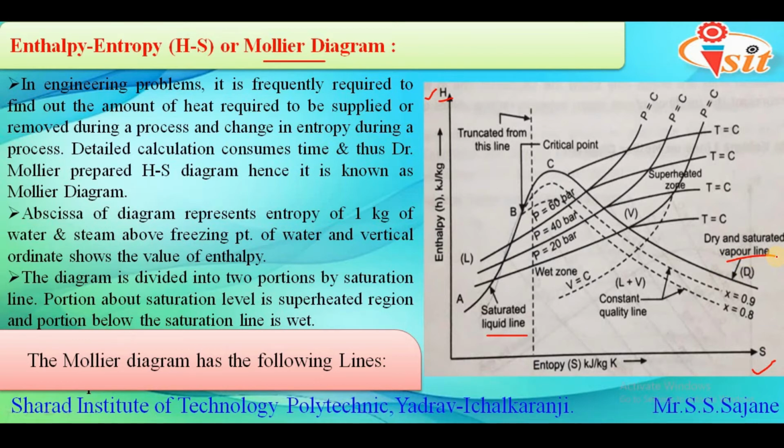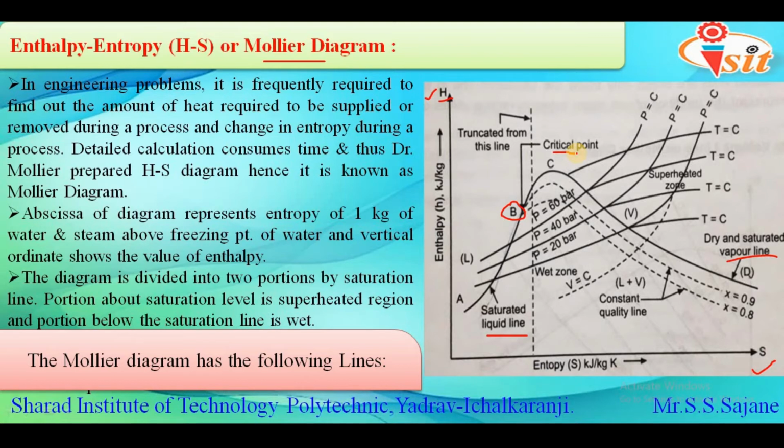So it is important to note that in this diagram, that is enthalpy versus entropy, point B indicates the critical point. So similar type of diagram earlier we have seen in case of TS diagram, where C was the critical point, but in case of enthalpy versus entropy diagram, you should note that point B will be critical point.